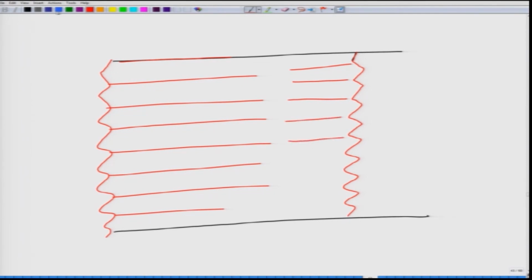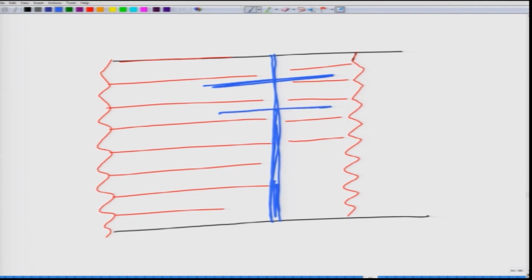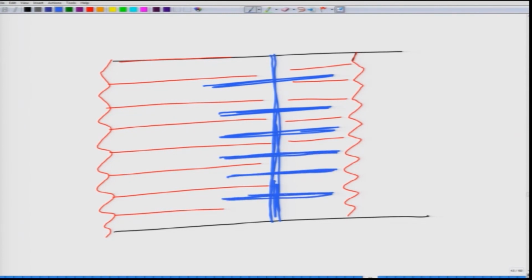Then you see a thicker line I am drawing. A pattern like this started to emerge.